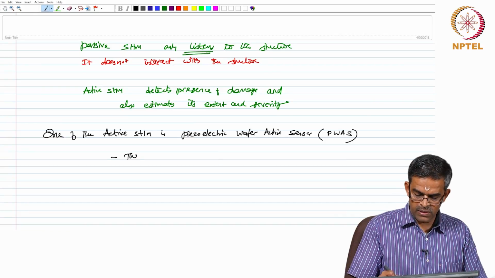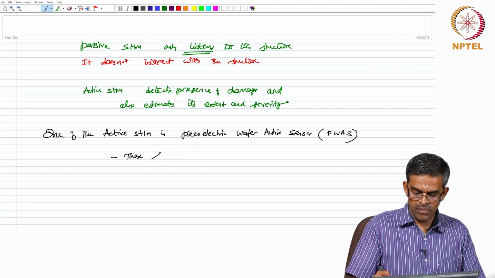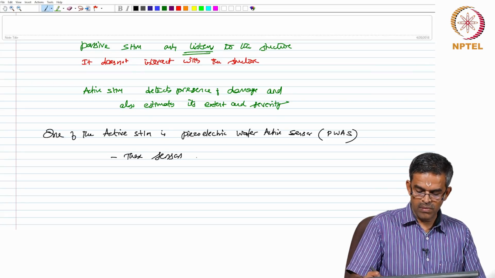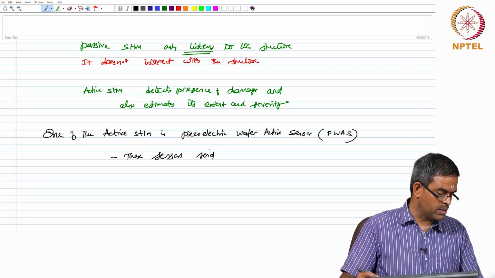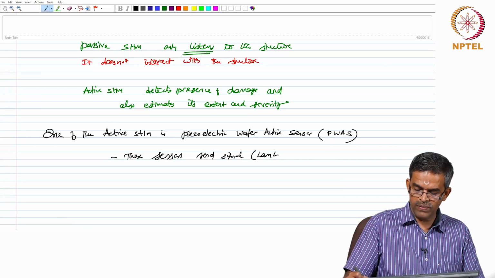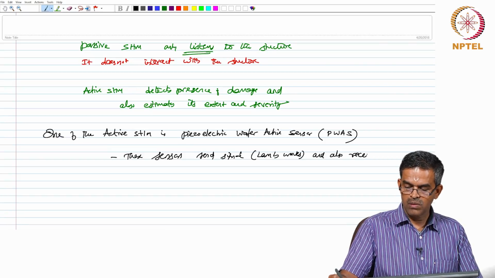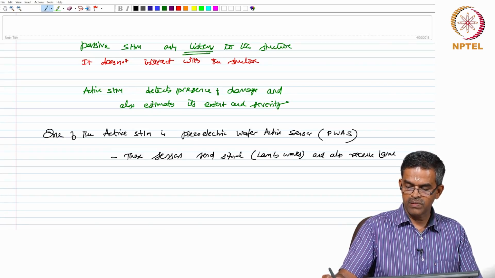These sensors send signals which are essentially Lamb waves and also receive Lamb waves.